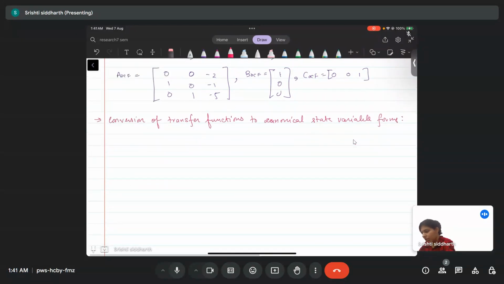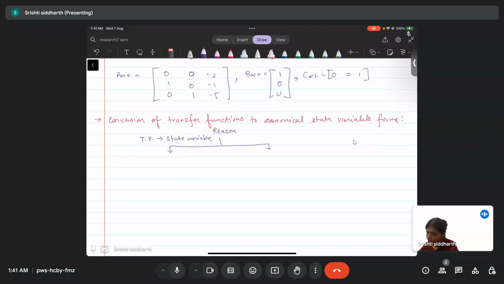Alright. So if we already have a transfer function, then why do we need a state variable approach? So let's see, there are at least two reasons for it. One of the reasons for going from transfer function to state variable approach is because there are some control design techniques which have been specially designed for state space analysis.